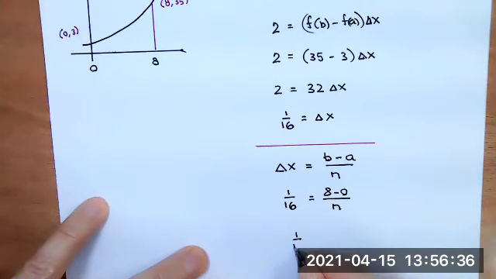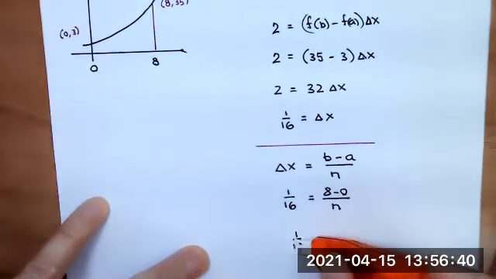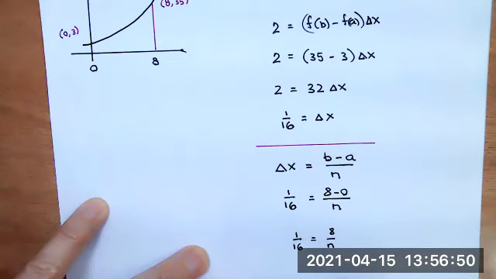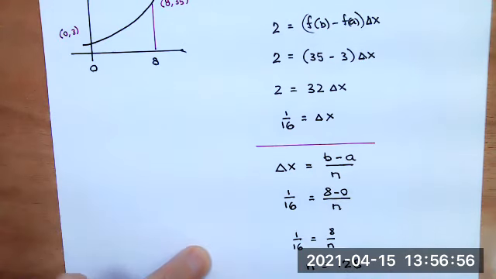So 1/16 is 8 divided by n. If we cross multiply, that means we would have to have 128 intervals in order to get an error that's equal to 2 fleas.